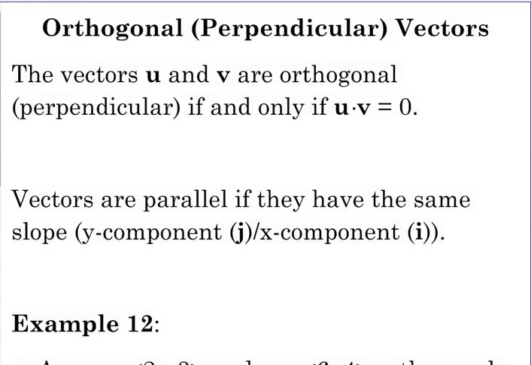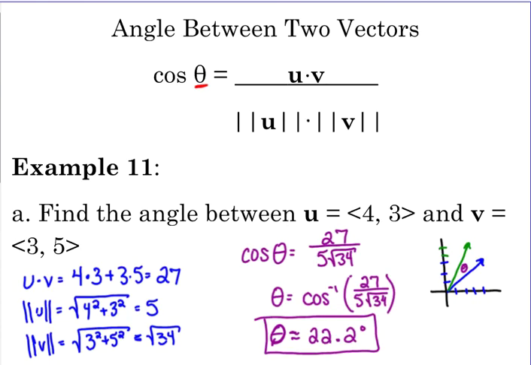We just talked about finding the angle between two vectors. We said that the cosine of that angle is equal to that fraction right there. Well, we're saying that they're perpendicular, so there's a right angle. So theta is 90. What's the cosine of 90 equal to? 0.